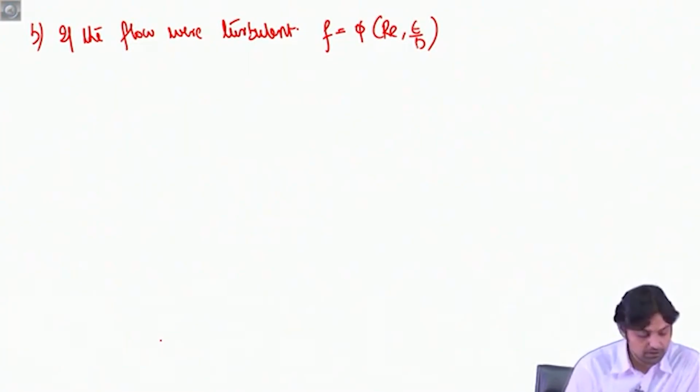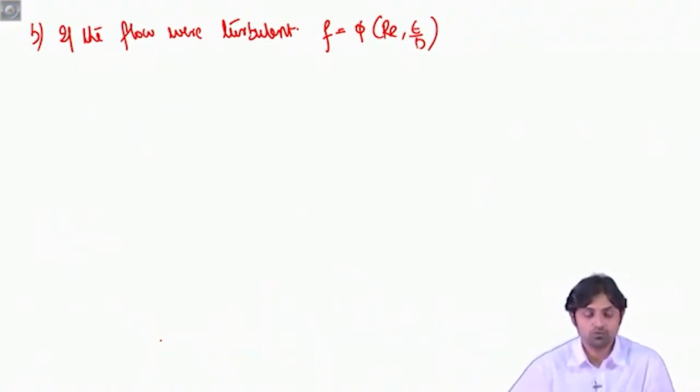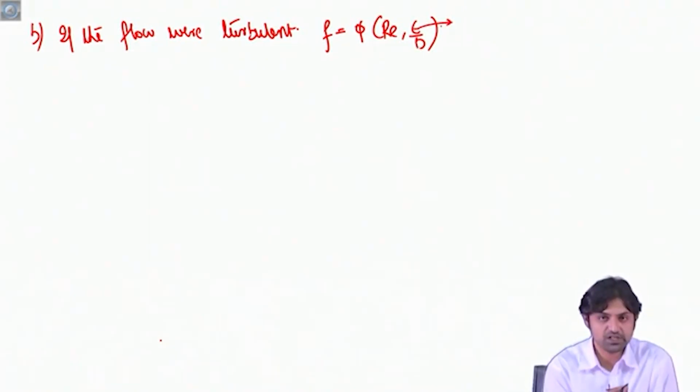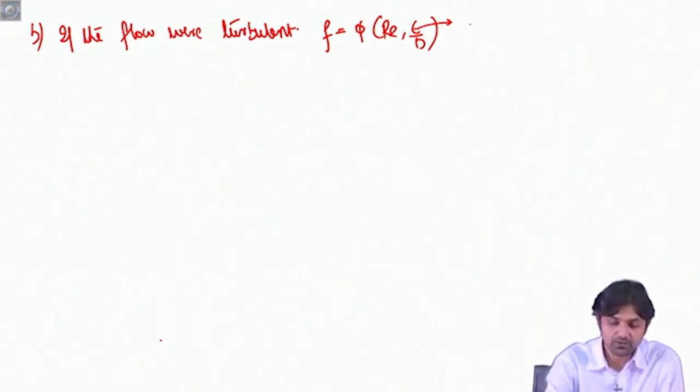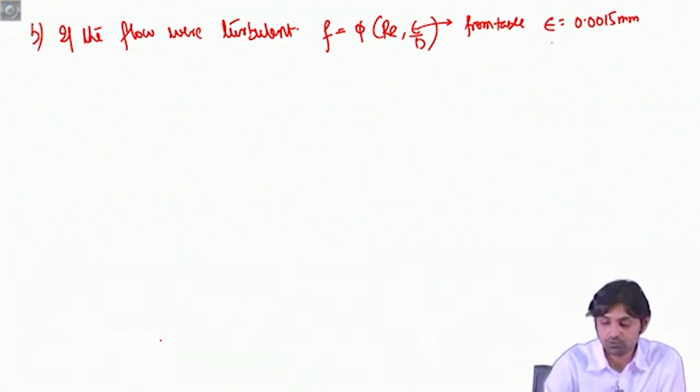I told you, if we know what type of pipe it is, we can look up the epsilon value. Of course, I have not given it in the question, but if you look at the table, epsilon will come to be 0.0015 millimeter, because it is a drawn tubing.